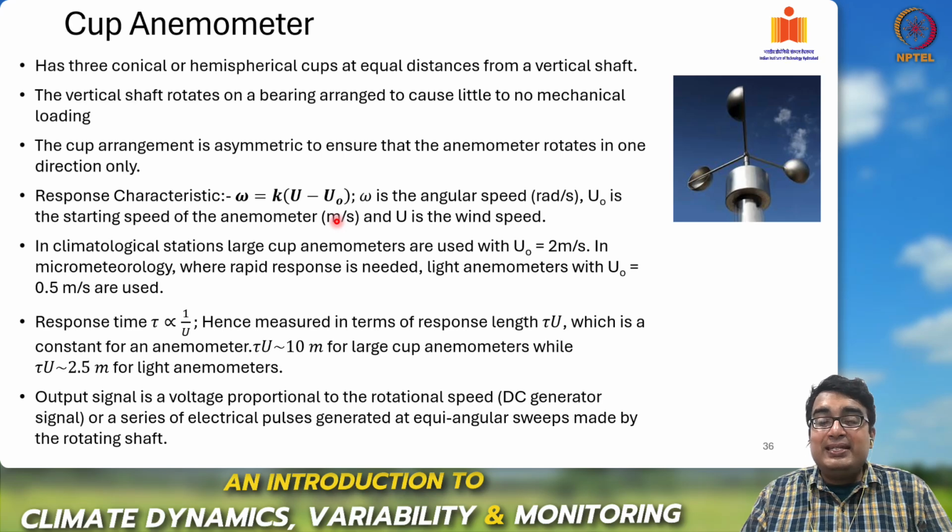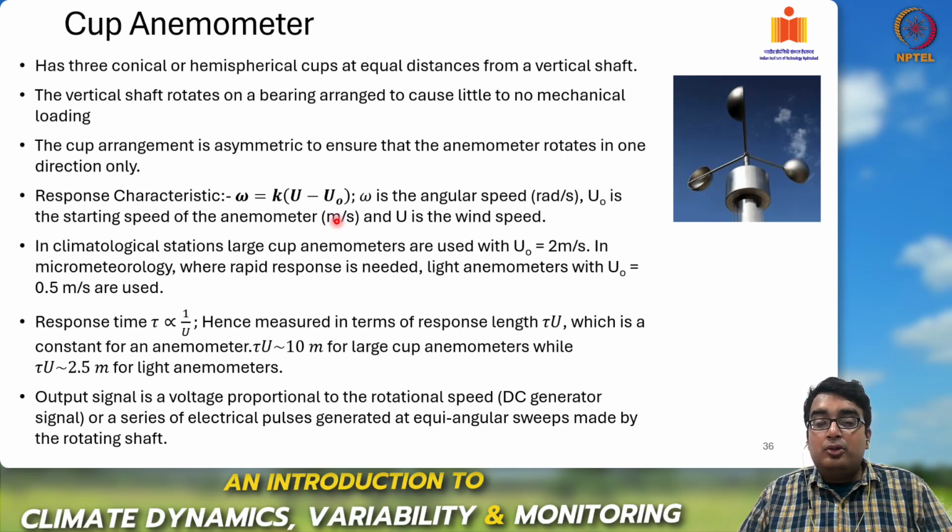What this means is, this is the minimum wind speed that is required for the shaft to start rotating. So if U is less than U0, omega is 0. It is only when U is equal to or greater than U0 that the shaft starts to rotate.